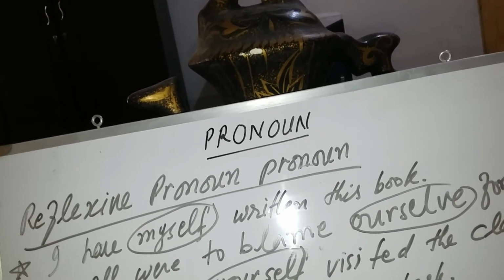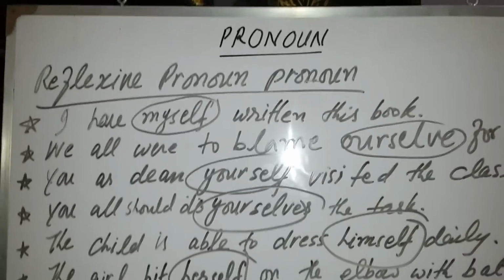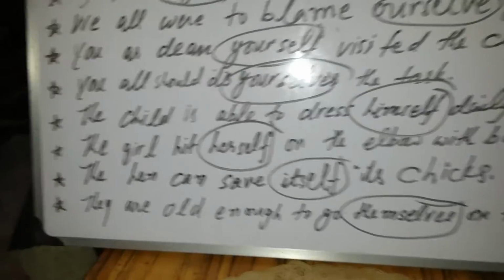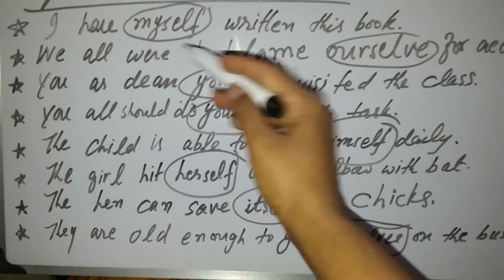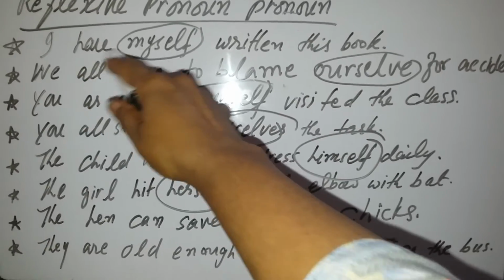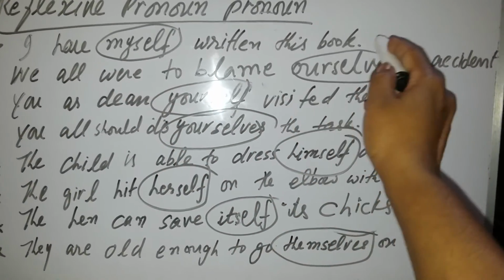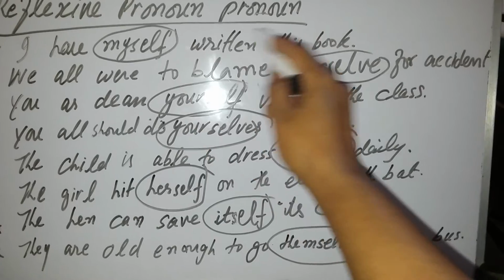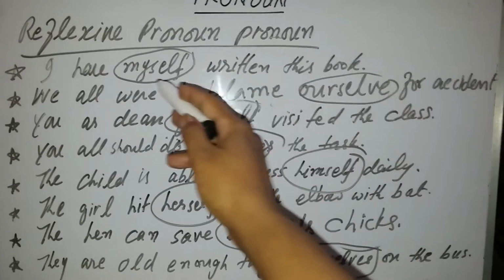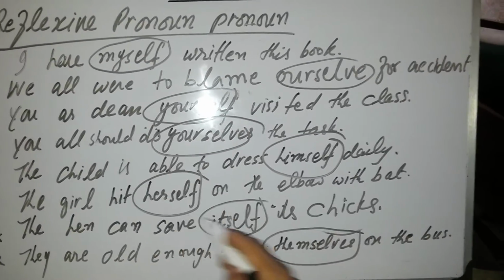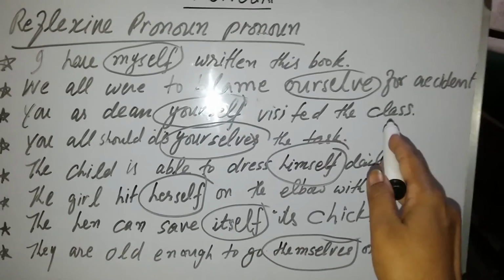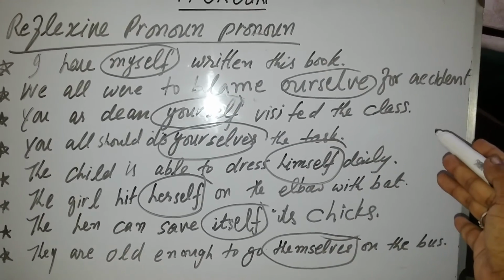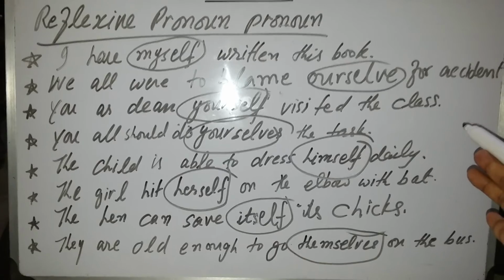So it is called a reflexive pronoun. I have myself written the book. Now all these pronouns are referring towards the object, so they will be called reflexive pronouns.